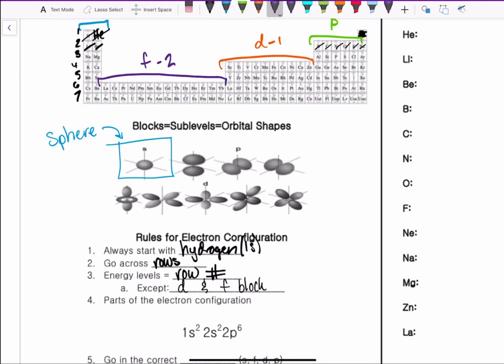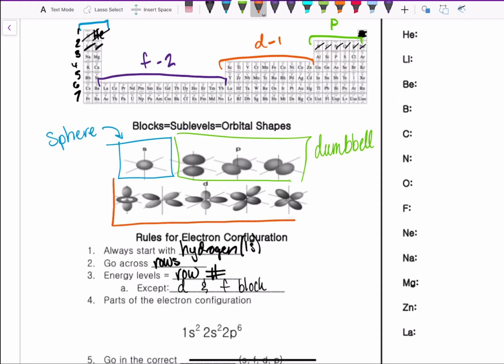If you hear a p orbital, you are going to start to think of the shape dumbbell. And that makes sense. That kind of looks like a dumbbell. We could be lifting that. And then if you see the sublevel D, you're going to start to think of cloverleaf as a shape.